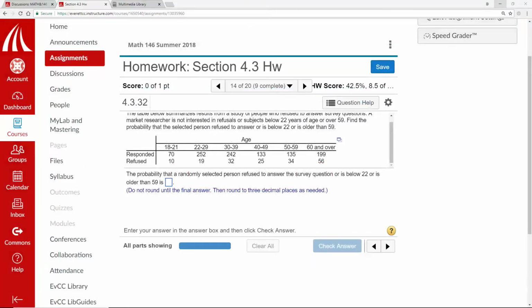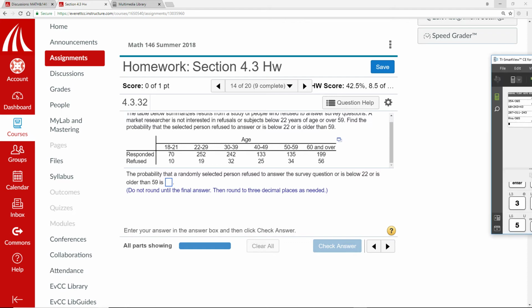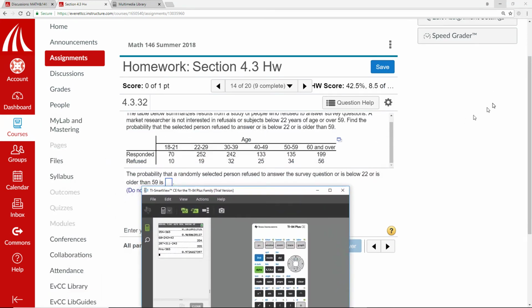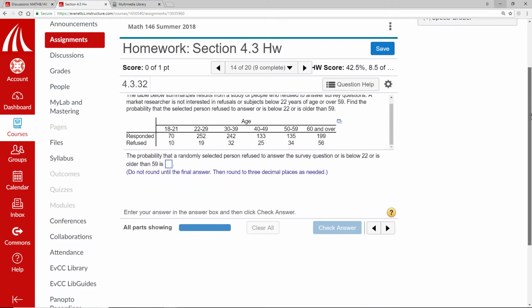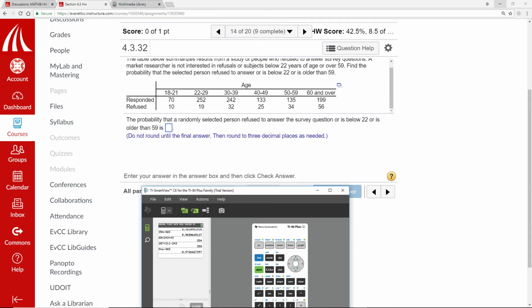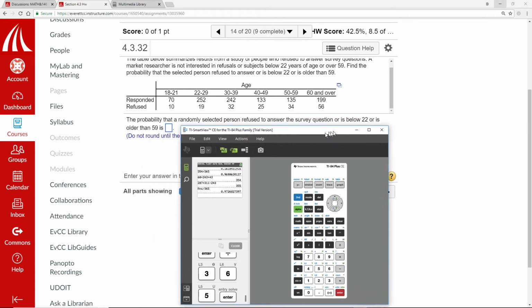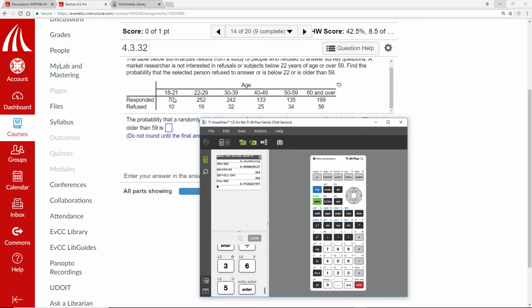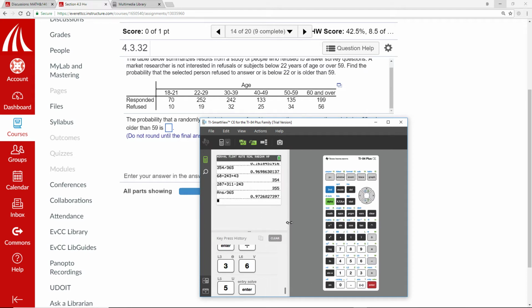Let's see. Seems like my screen got frozen. Let's move that up some, and let's get our calculator back out. Alright, so we're going to add up 70, 10, 19, so on and so forth, all of those numbers.